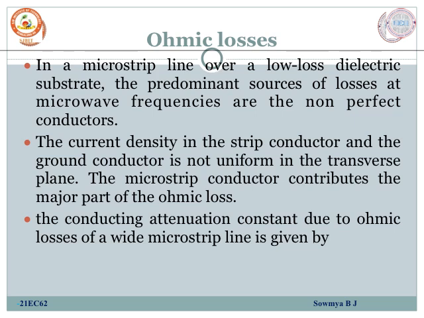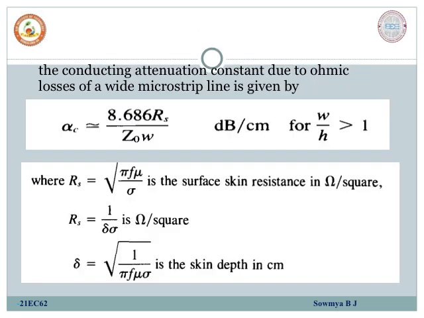Now, the conducting attenuation constant due to these ohmic losses of the wide microstrip line can be expressed by the equation alpha c is almost equal to 8.686 Rs divided by Z naught into W dB per centimeter.